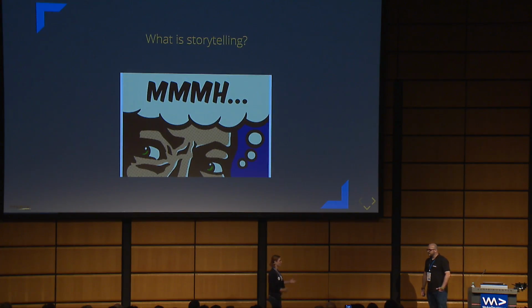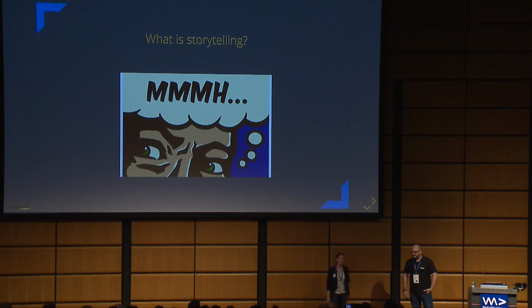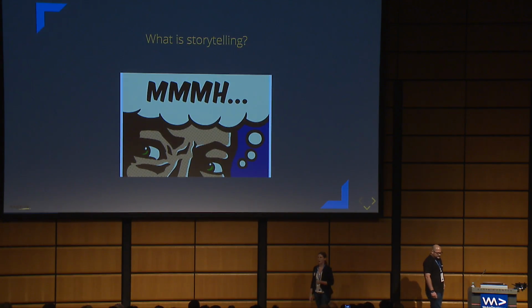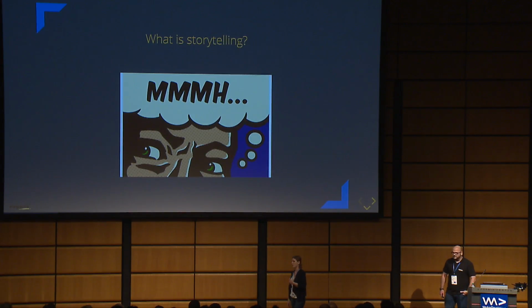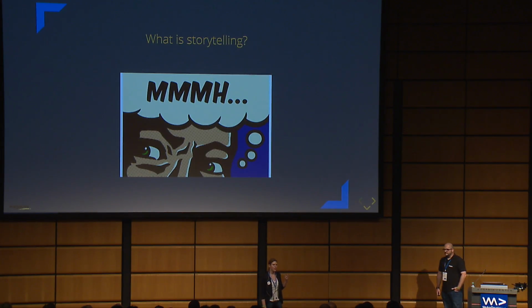When Thomas and I talked about storytelling, we thought about, well, a story has characteristics. What does that mean? We're taking ideas, thoughts, and bringing them into a form which the user can interact with, where the user can do something.